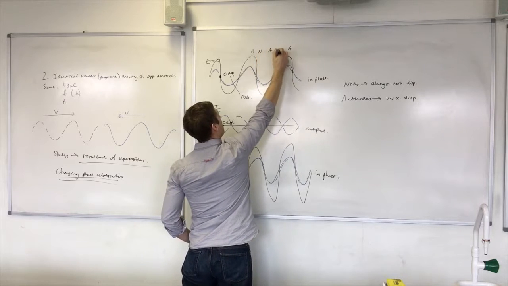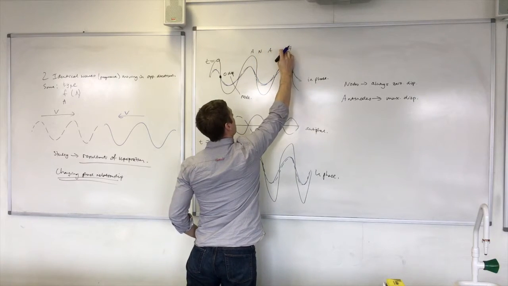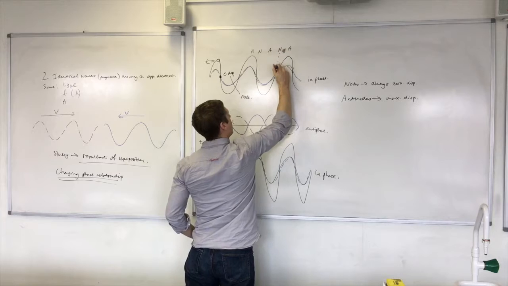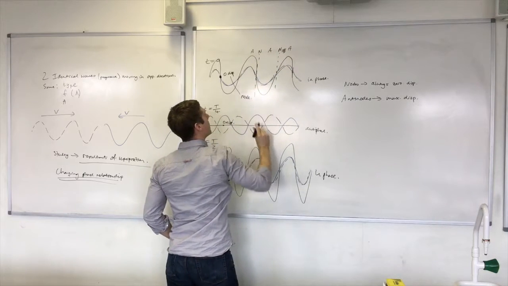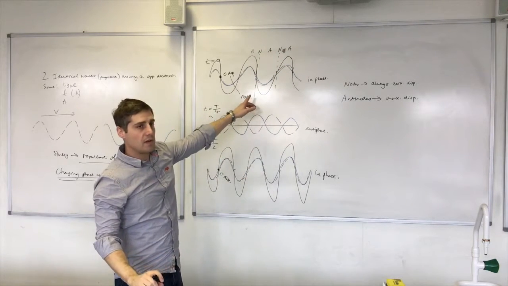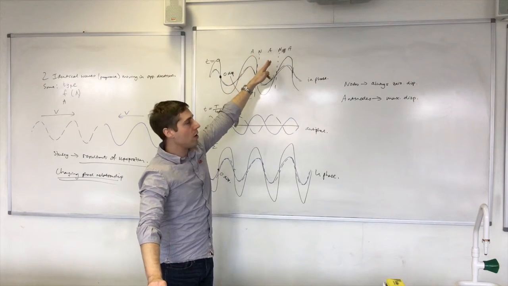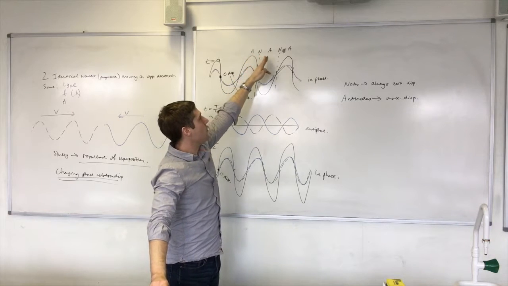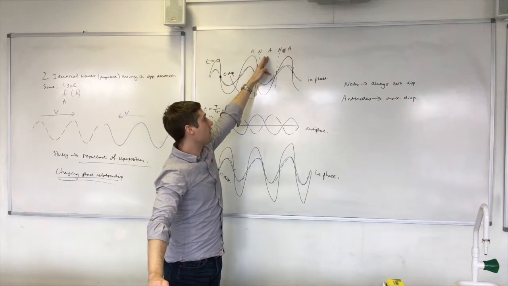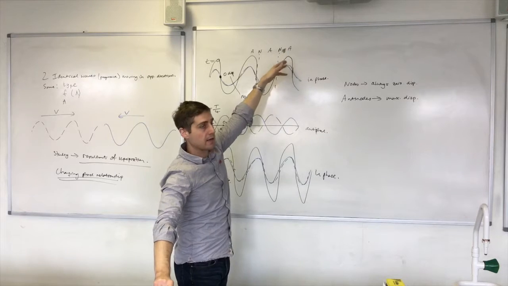This is a node, okay? If you go from one antinode to the next, you're going from a peak to a trough. So that is half a wavelength, and going from a trough to a peak, that's half a wavelength.